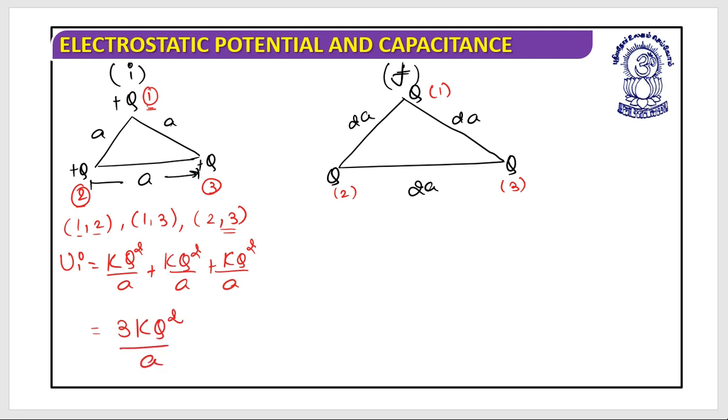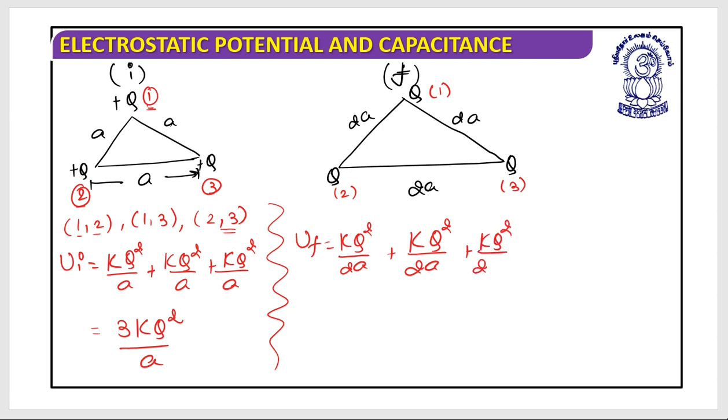You can use the same pairs for the final as well. So you have k q square by 2a plus k q square by 2a plus k q square by 2a. So this will be 3 k q square by 2a.